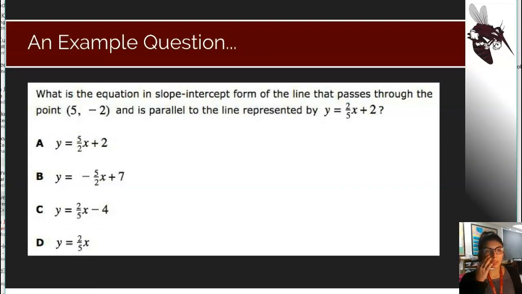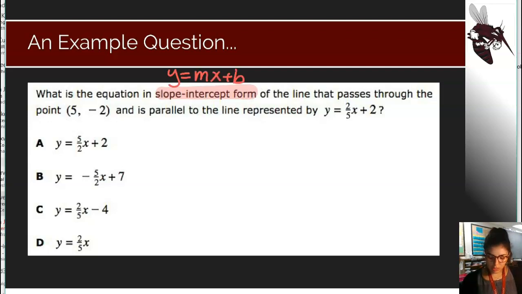So for example, it says, what is the equation in slope-intercept form of a line that passes through the point (5, -2) and is parallel to the line represented by y = 2/5 x + 2? There's a lot of things we have to know to get this part right, but they're all itty-bitty pieces that we've already talked about. We know that our end goal is slope-intercept form, which means we want to write it in y = mx + b.